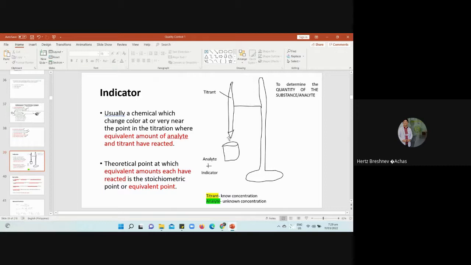And I said earlier, an indicator plays an important role in the titration process. And let us define what an indicator is. An indicator is simply a chemical which changes color at or very near the point in the titration where equivalent amounts of analyte and titrant have reacted.